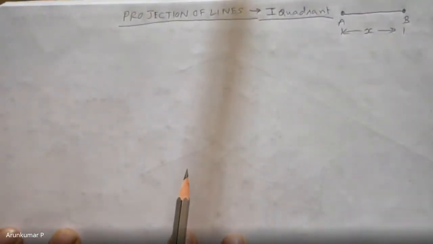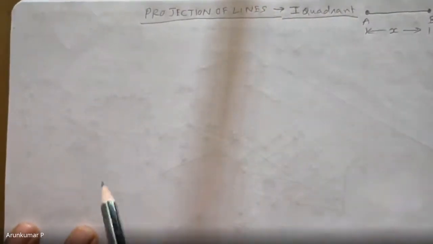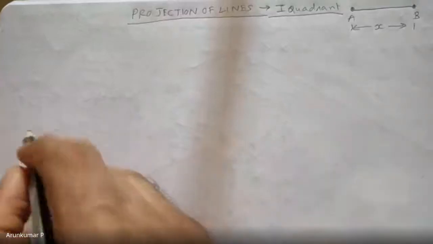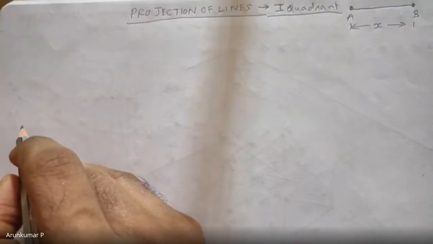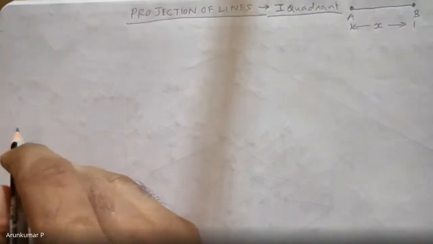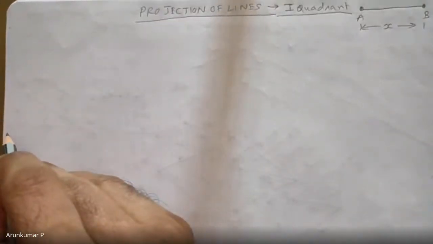So let us start with the basic concept of projection. Please observe here. There are five, six cases of this projection of lines. I'll explain all of them. So just observe. No need to note down.